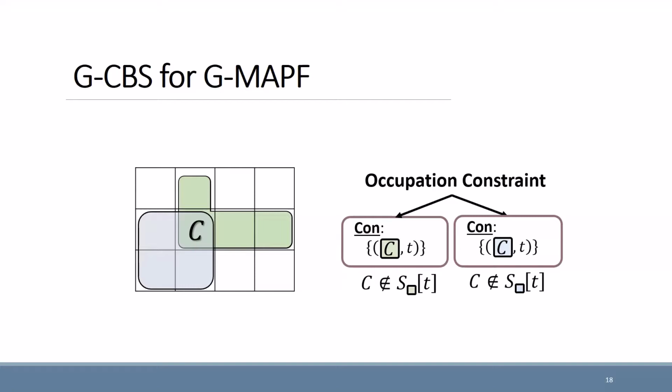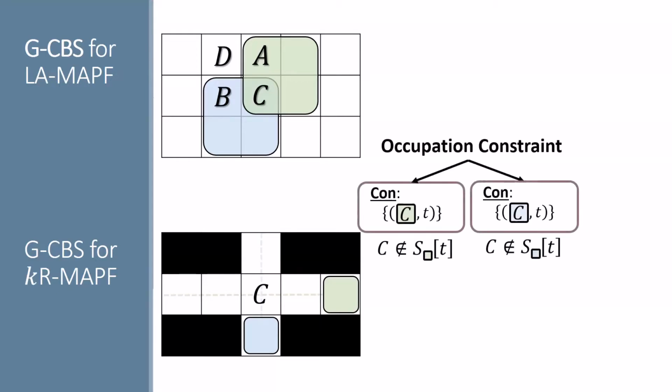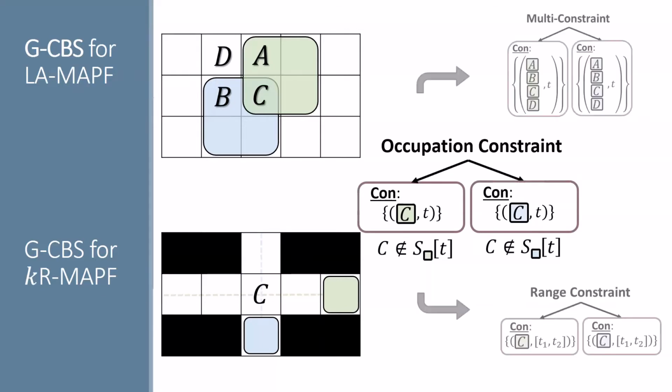Here, the state of either the green agent or the blue agent cannot contain location C at time step t. Using GCBS, we can impose an occupation constraint to resolve conflicts between both large agents and k-robust agents. While the definition of an occupation constraint is simple, it resolves conflicts in the same manner as multi-constraints and range constraints resolve them.